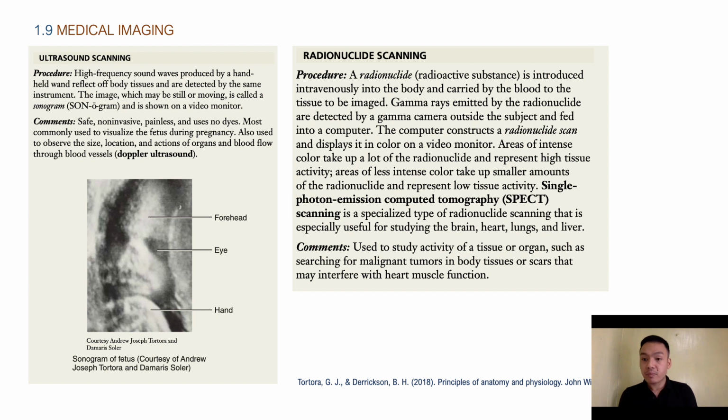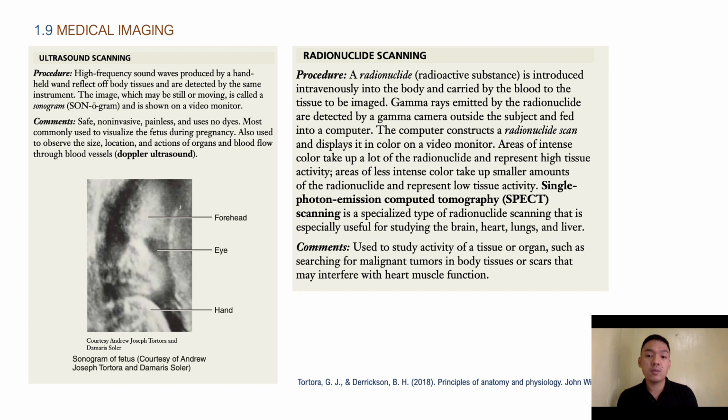So we have areas of intense color, which have taken up a lot of radionuclide and represent high tissue activity, and the less intense colors take up smaller amounts of the radionuclide and represent low tissue activity.